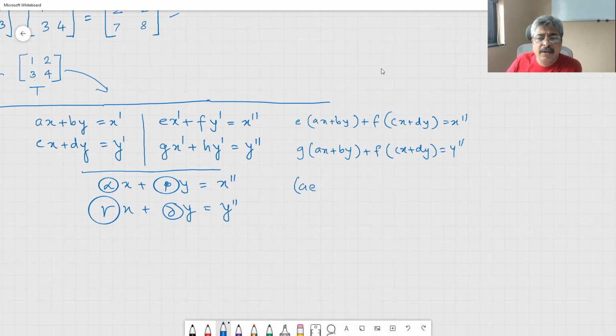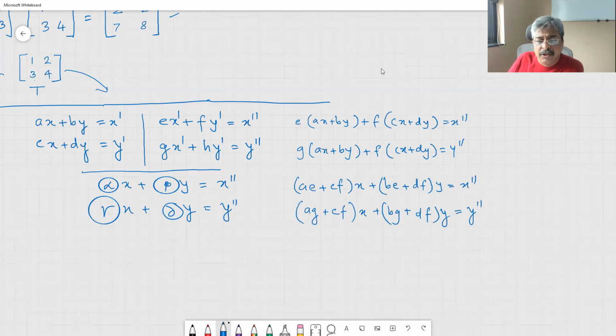So ae plus cf times x plus be plus df times y is equal to x double dash, and ag plus ch times x plus bg plus dh times y is equal to y double dash.